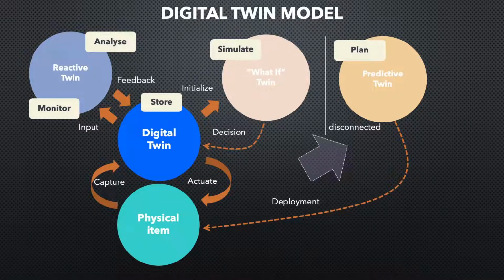Then what can you do with digital twin? With the digital twin, you can monitor and analyze much more data than on the physical object. Why? Because on the physical object you have limitations. You cannot monitor the blood, for example, in your whole body. It's impossible. You need probes and you need to do measures on your body.